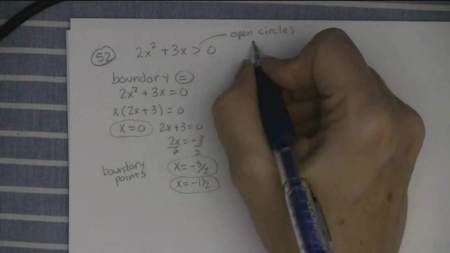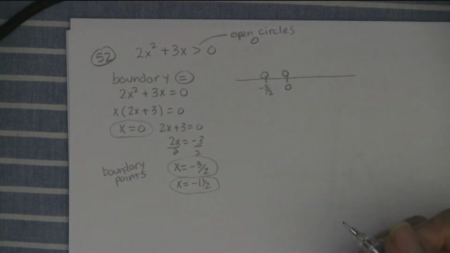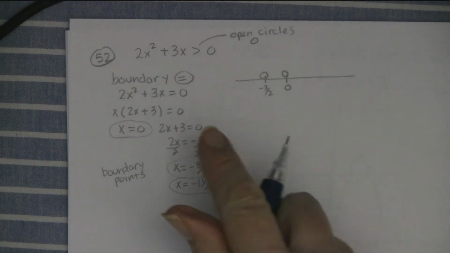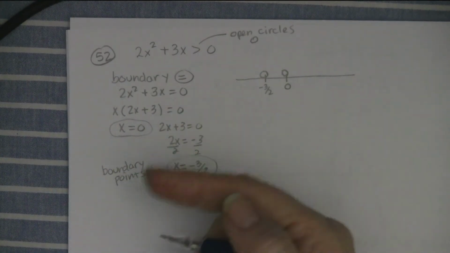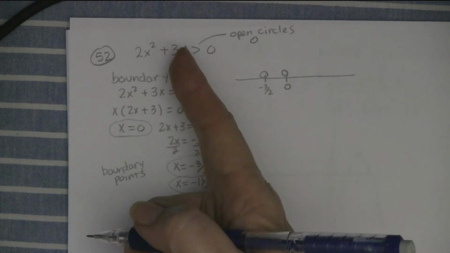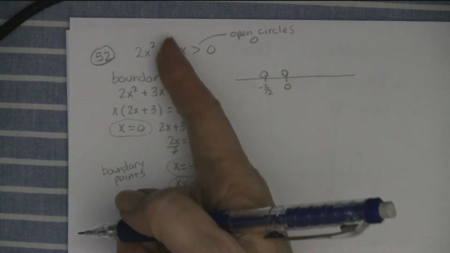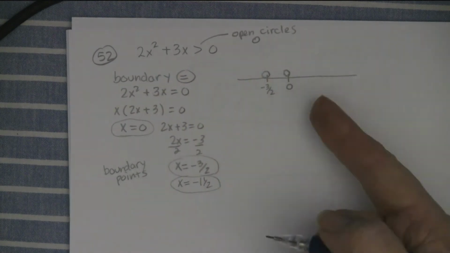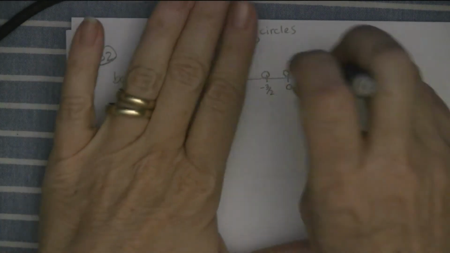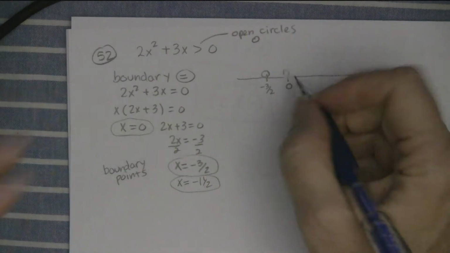So open circles. Closed means that the boundary is part of the solution. Open means that the boundary is not part of the solution. So the solutions are the things that are greater than 0, not the things that are equal to 0. And so that's why the open circles here.